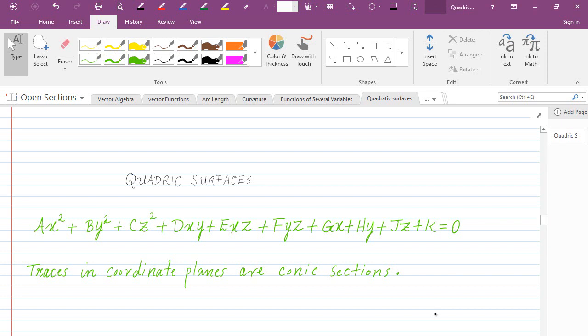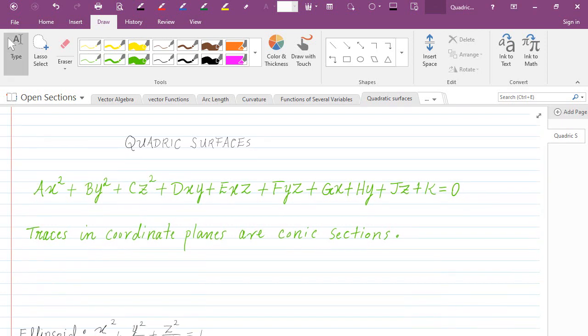Welcome back. So we now start to look at quadratic surfaces. So what are they? Well, these are surfaces that are graphs of equations of the form ax squared plus by squared plus cz squared plus dxy plus exz plus fyz plus gx plus hy plus jz plus k is equal to 0.